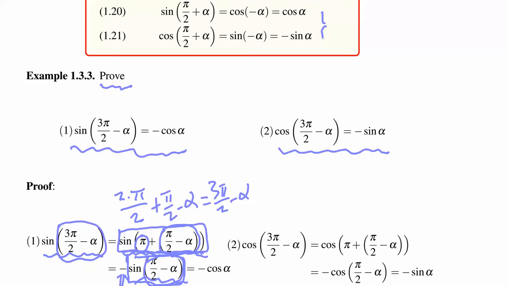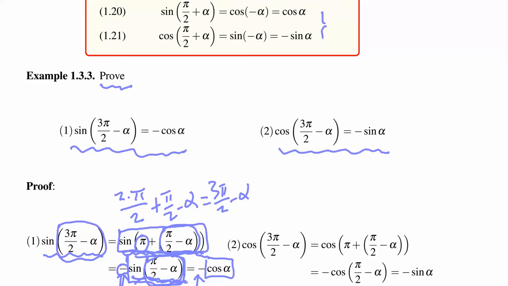Then this one we've got to use the formula we did today, pi over 2 minus alpha. Sine pi over 2 minus alpha is actually cosine alpha, based on the formulas we just learned. And here, the negative sign, we keep it. Sine pi over 2 minus alpha is indeed cosine alpha.